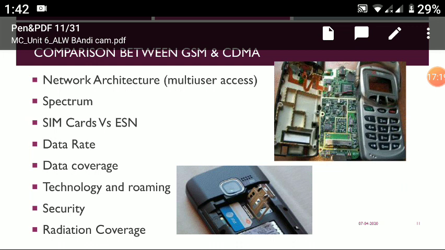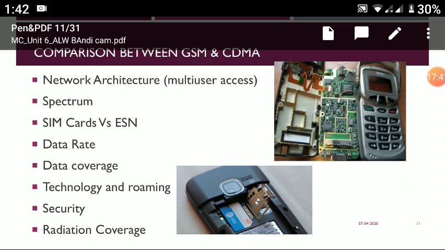SIM card and ESN: ultimately you can insert the SIM card directly in the GSM system. In CDMA, the mobile handset is utilized only for that particular channel or frequency. So in some CDMA cellular phones, you cannot insert the SIM card.